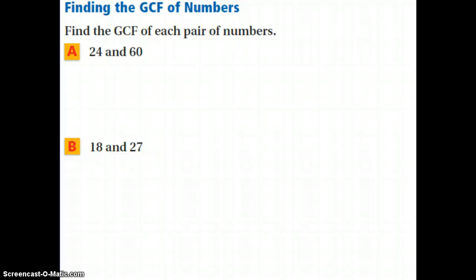We're going to go into finding the greatest common factor for a pair of numbers. So what we are going to do is find the largest number that each of these can be divided by.